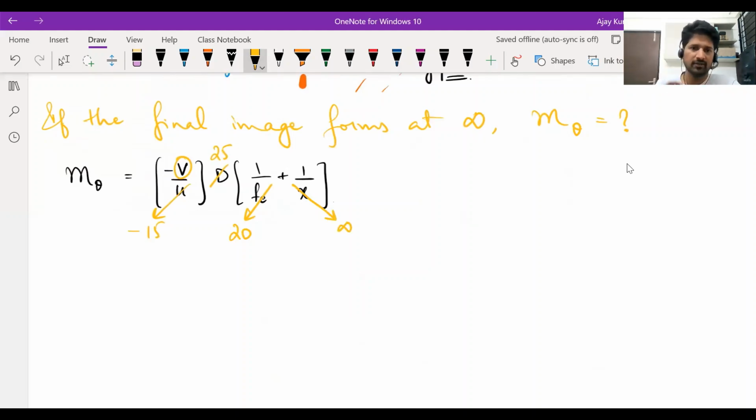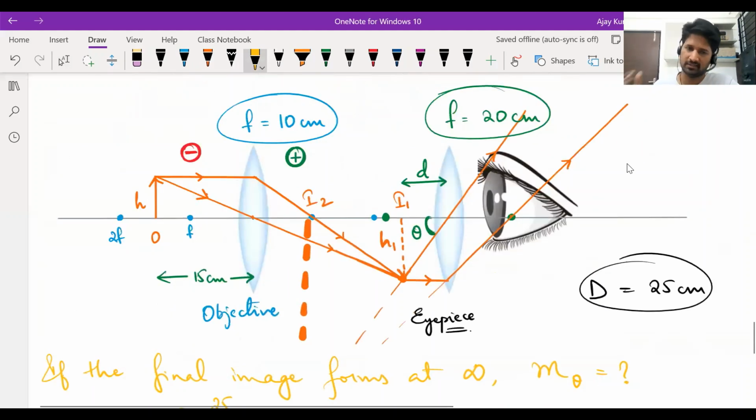So to derive magnification, what is the only thing you need to find out? V. Yes. We need to find out where the first lens forms the image. Apply the lens formula to the first lens and find out where it forms the image. This distance.